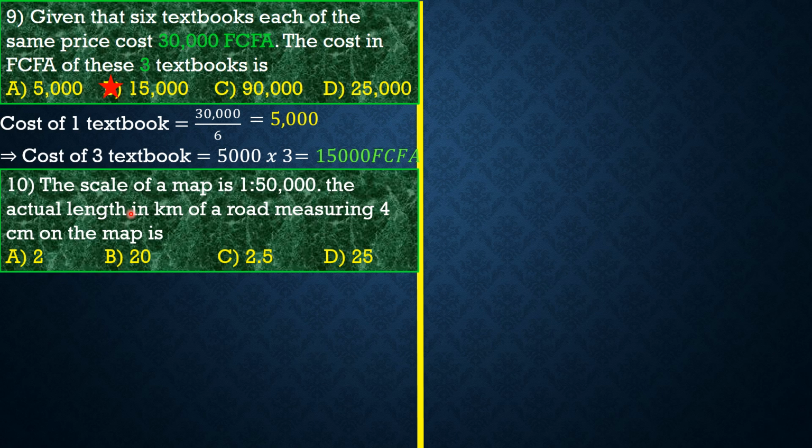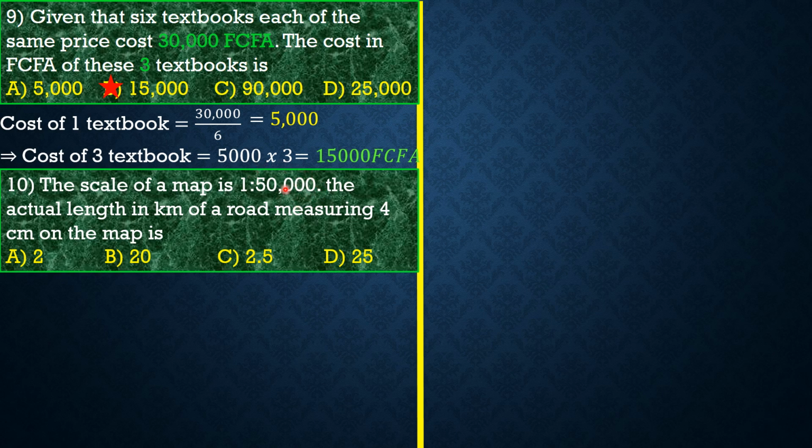So, friends, the most important part in this question is to understand the interpretation of what is meant by the scale of a map being 1:50,000. It simply means that 1 centimeter on that map represents 50,000 centimeters on the actual surface.